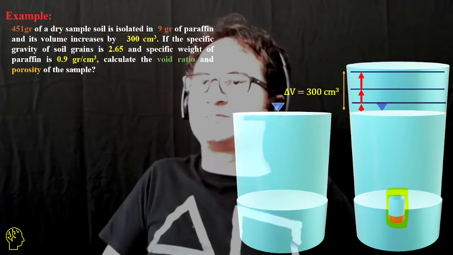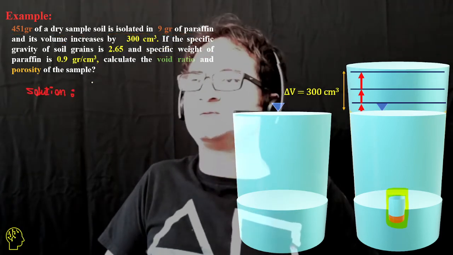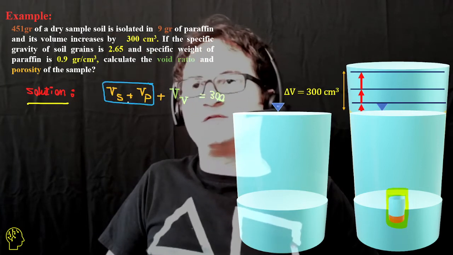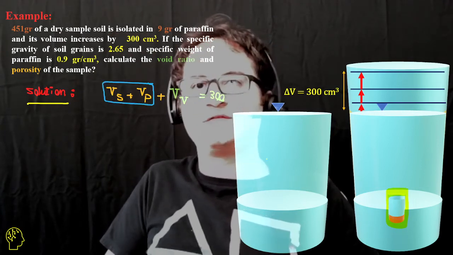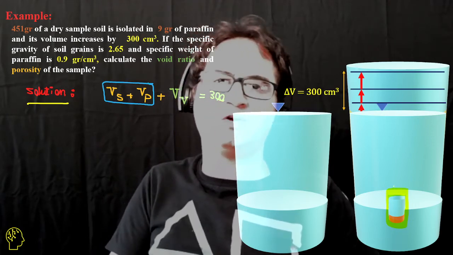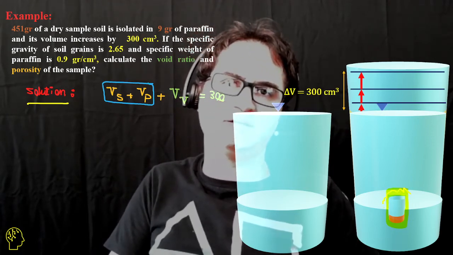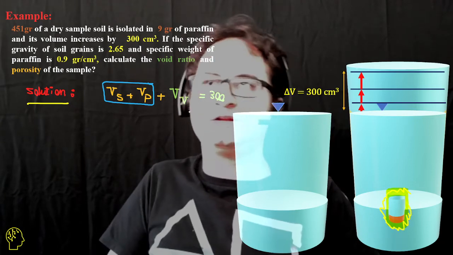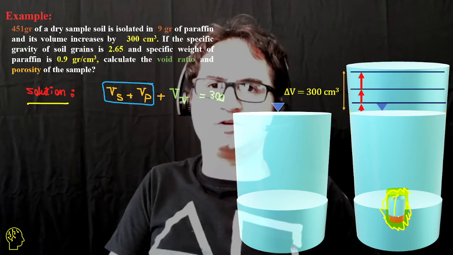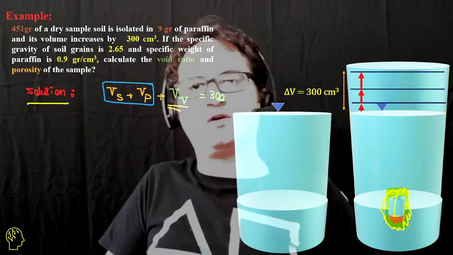So let's attempt our problem. To solve the problem, first of all, for the solid part we have Vs, the volume of solid, plus the volume of the protective layer, which is the paraffin around it, plus the volume of void, which is the other section of the volume.